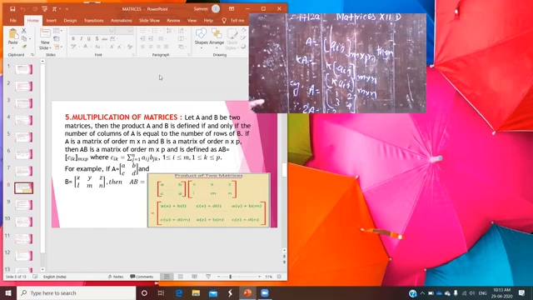Otherwise, multiplication is not possible. So first, when multiplying two matrices, you check whether the number of columns in the first matrix is equal to the number of rows of the second matrix.